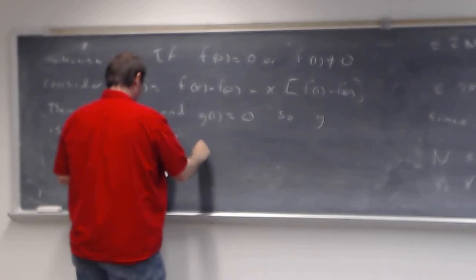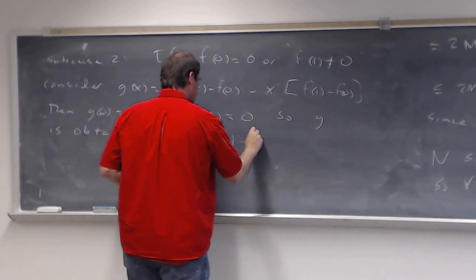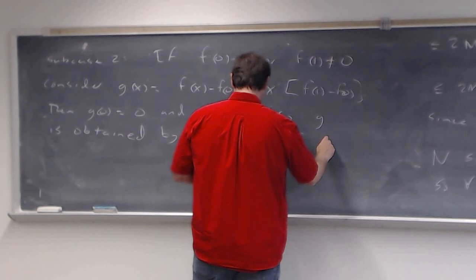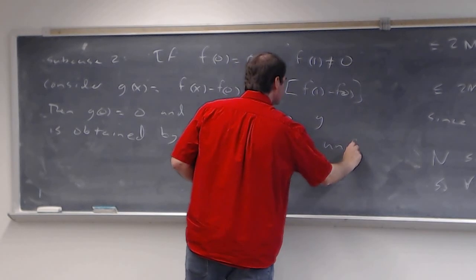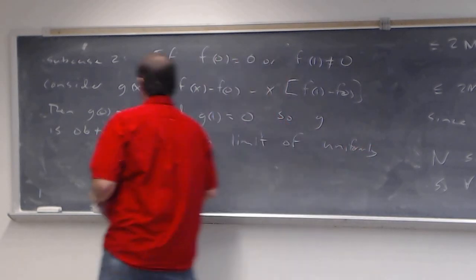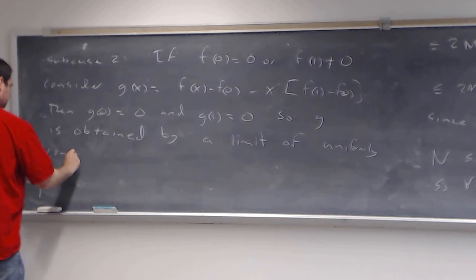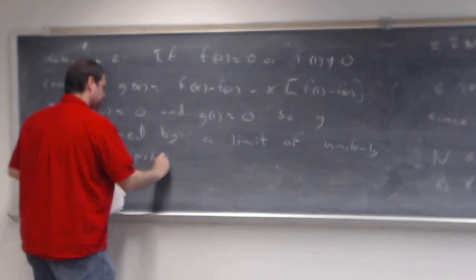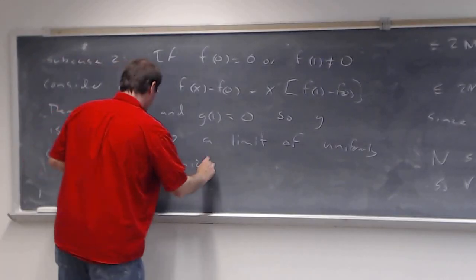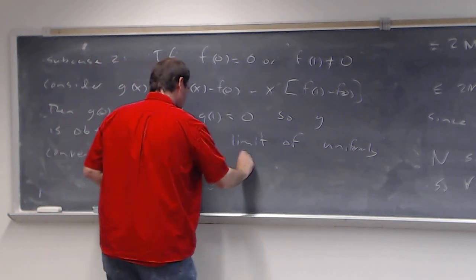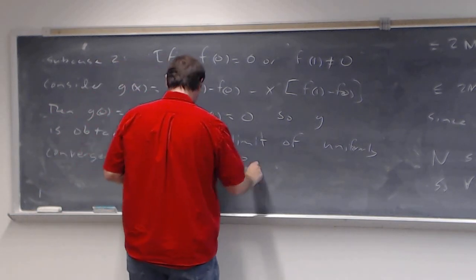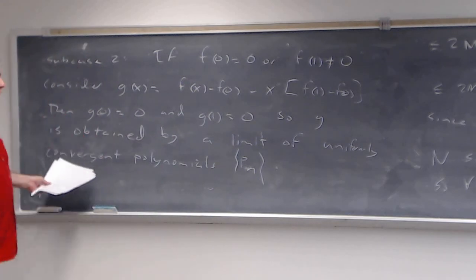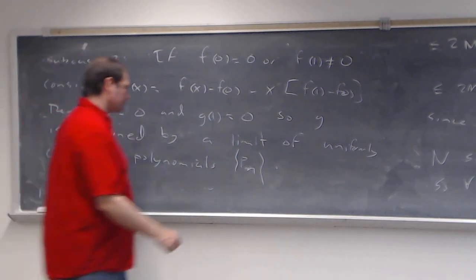So g is obtained by a limit of uniformly convergent polynomials, let's say P sub n, and that's by what we did in subcase 1.